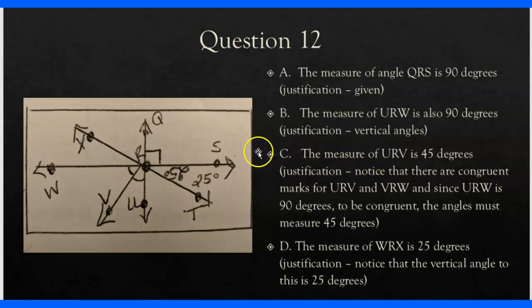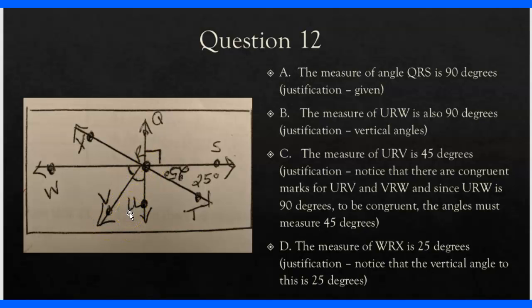Now, the measure of URV, okay, right here, it's probably the bisector, they didn't tell us that though. It is going to be 45 degrees. URV is going to be 45 degrees.